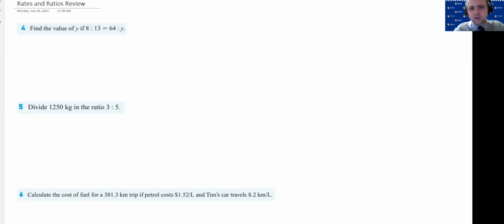We've got some ratio questions and we've also got some rate questions. Okay, so find the value of y if 8 to 13 is equal to 64 to y. Okay, so what we've got to do is work out, we've got equivalent ratios. We've got to work out what factor we've multiplied by. So 8, the first figure in the ratio, has become 64.